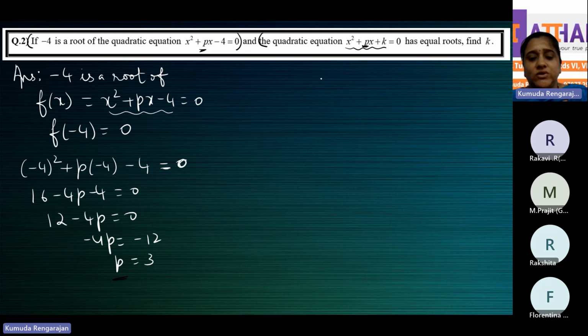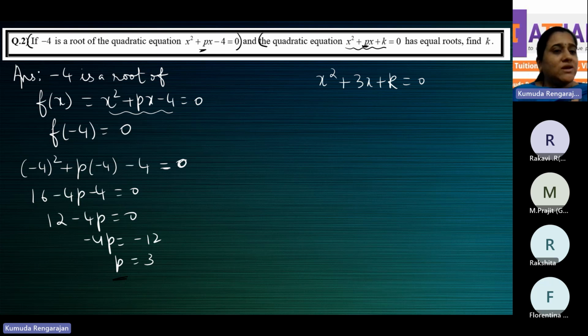So the second quadratic equation becomes x squared plus 3x plus k is equal to 0. Now what is given? The quadratic equation x squared plus px plus k is equal to 0 has equal roots. For the first quadratic equation, it is given that minus 4 is a root.